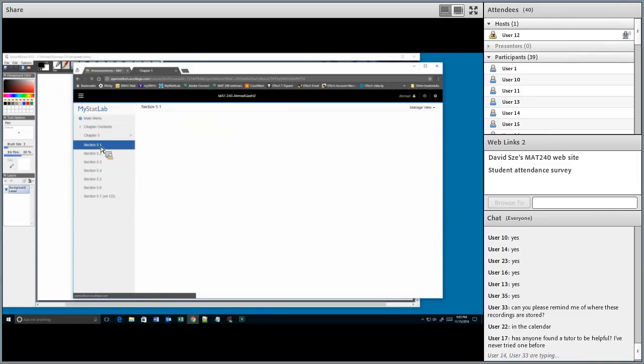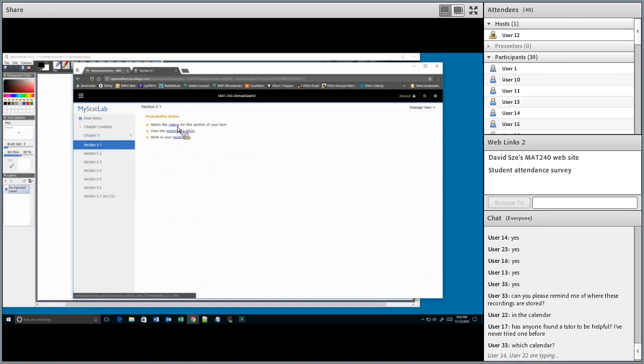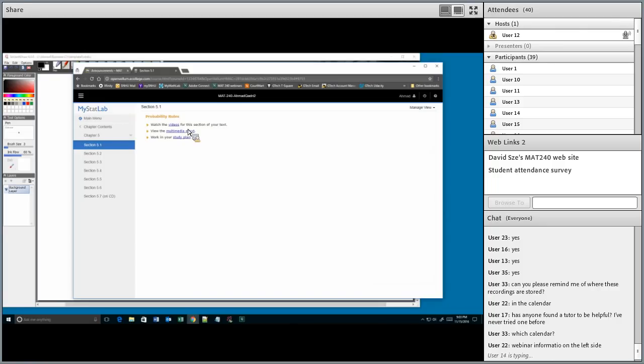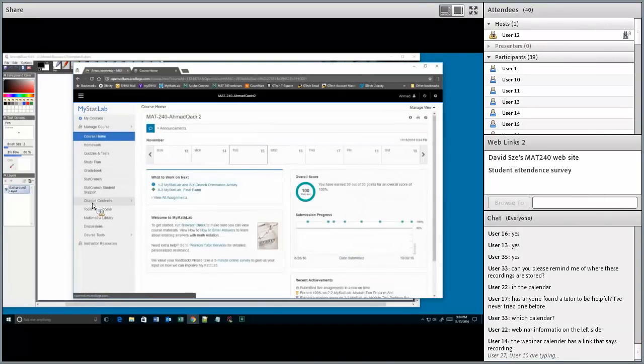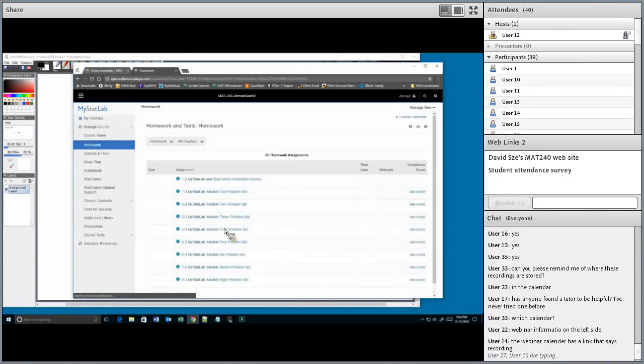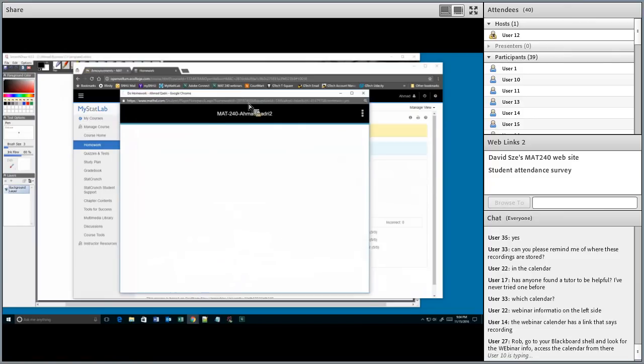You can click on each section and watch the videos in it, or go to the e-text, which is essentially the actual textbook. You can just click on e-text and it'll open up the textbook. So I just want to make sure you're aware that you have access to the electronic textbook. I'm sure you all have access to MyStatLab, so you don't have to buy the hard textbook. It's there.